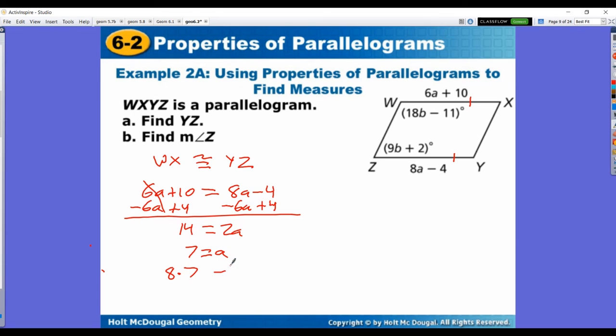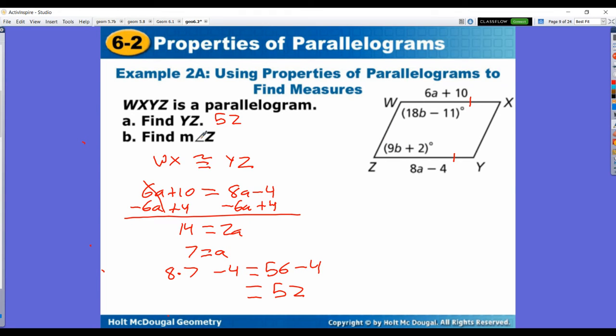And then after that, we're going to subtract 4. All right, so that's going to get me 56 minus 4, which is going to end up with 52. Okay, so that's going to get us the length of YZ, which is 52.